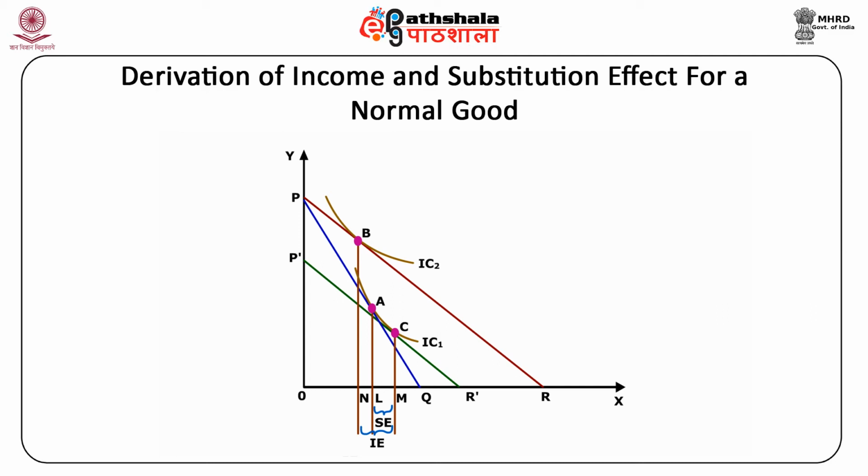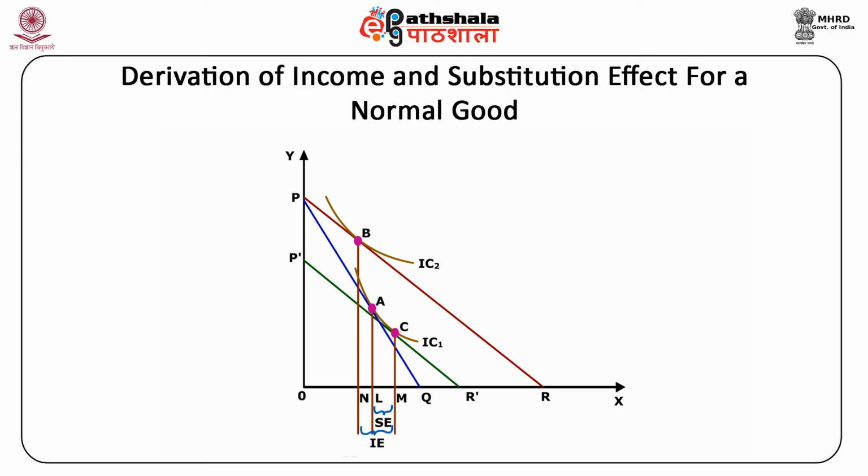Let us now consider the income effect of the price change. The move from point C on IC1 to point B on a higher indifference curve IC2 measures the income effect. The movement from point C to point B does not involve any change in relative price because the imaginary budget line P'R' and actual budget line PR are parallel.